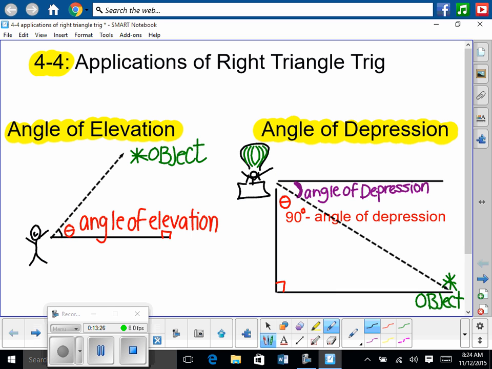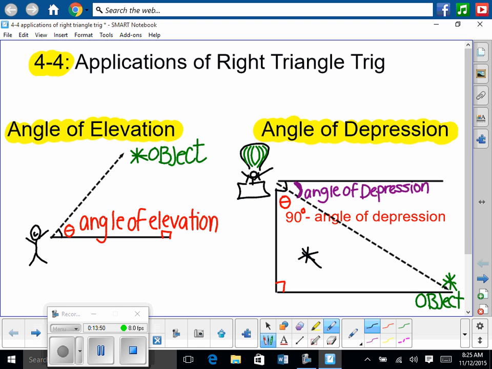Okay, now here's one thing to know about angle of depression. This is the one that is most missed on the test, and most students misinterpret. Angle of depression does not fall in your right triangle. Do you see how this down here is the right triangle? So this angle, the angle of depression, was created up here. It did not fall into the right triangle. But it does have a 90-degree angle right here.